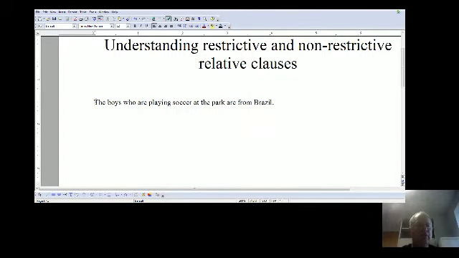Okay, so let's take a look at two examples here. We have sentence number 1, we have sentence number 2, right? We're just trying to see how this relates.